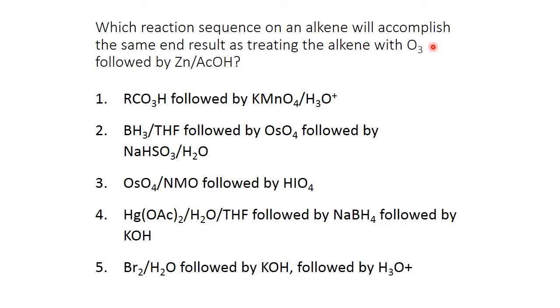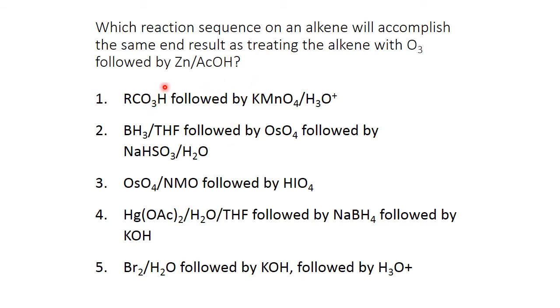So let's go ahead and look and see which one of these would give you a dicarbonyl regardless of what's there. If I look at an alkene being treated with a peroxy acid, I would get an epoxide, and then treating it with potassium permanganate would just do oxidative cleavage anyhow, and what we would end up getting is an oxidation down to the lowest possible thing.